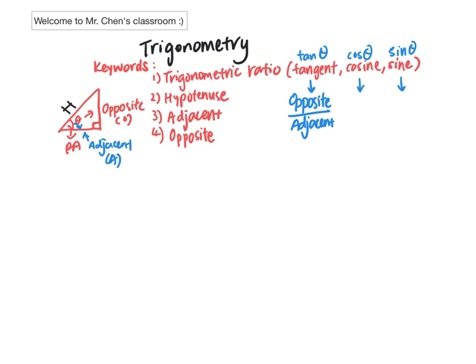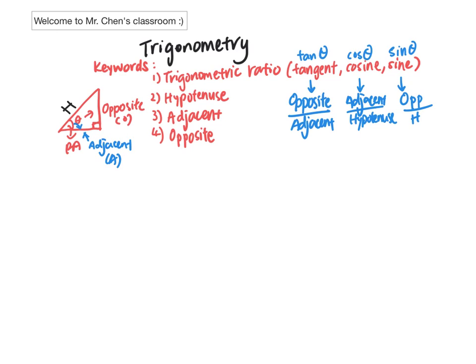Cosine is adjacent over hypotenuse, and sine is opposite over hypotenuse. I'm just going to write an acronym for it because there's not enough space.